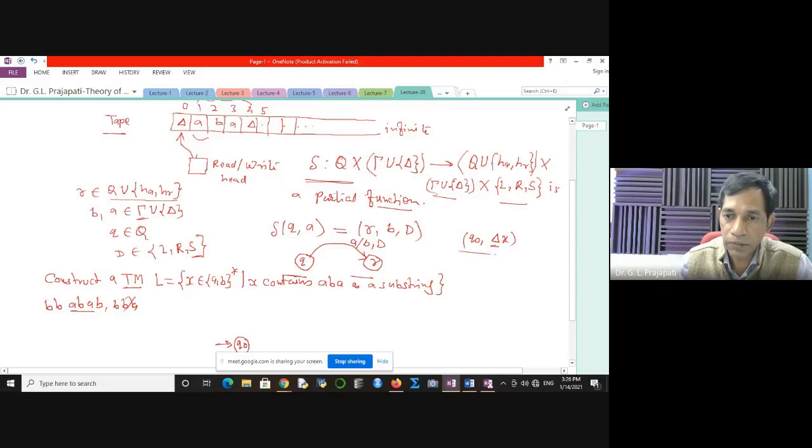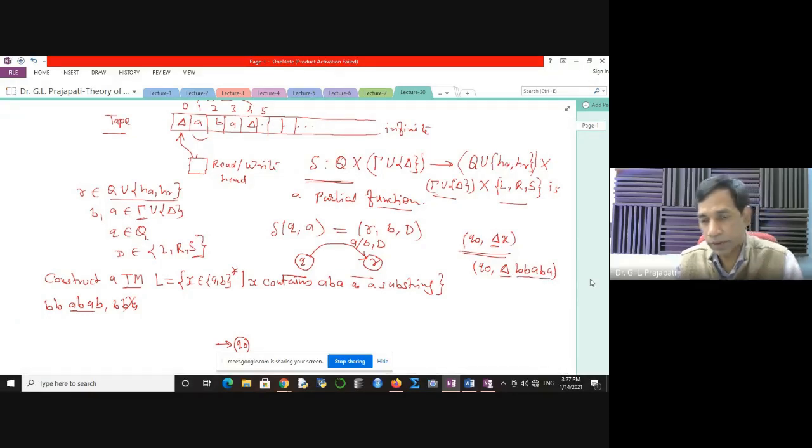So this is the initial configuration. If you are given some string in this language that contains the substring, you may have something like BA as one of the configurations. At square 0 you have the blank symbol, immediately after the blank you have the input, and after the last A everything is blank. So at the beginning, this is the condition of the tape.